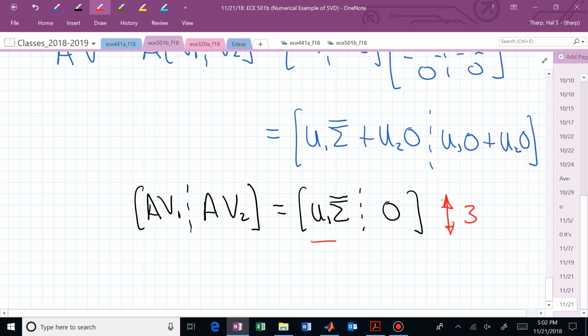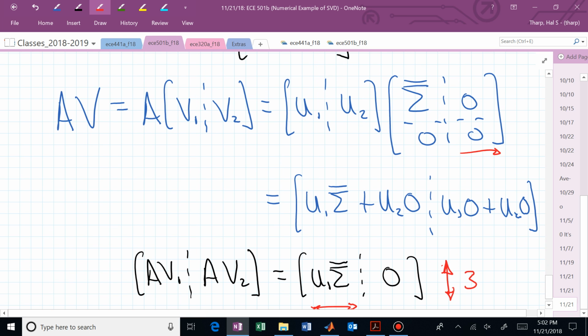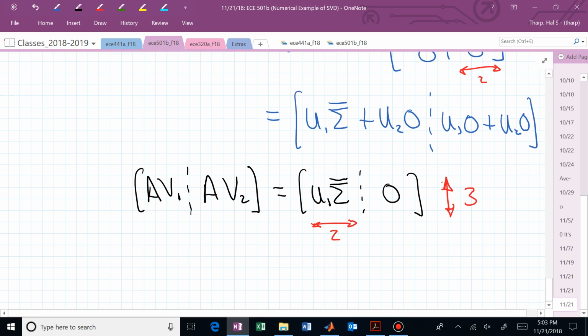Sigma bar had 2 columns associated with it. And how many columns did we have here? We had 2, so this now gives us 2 columns, and there is a 3 by 4 matrix on the right. That has to be partitioned compatibly with what's on the left.